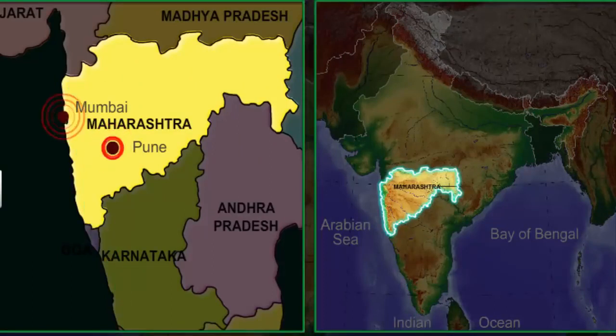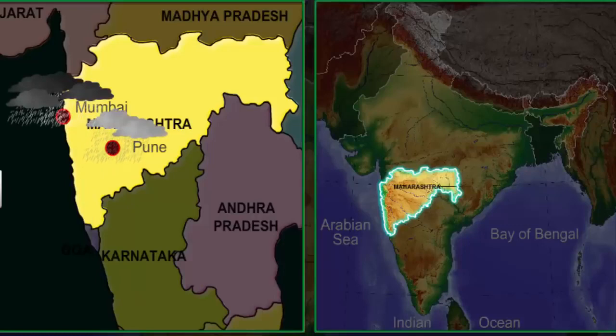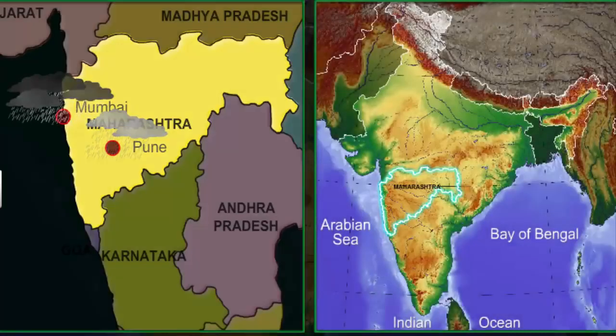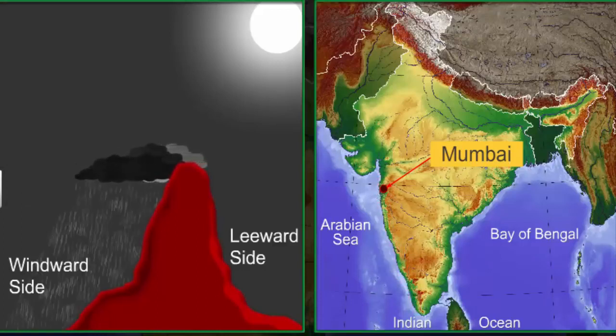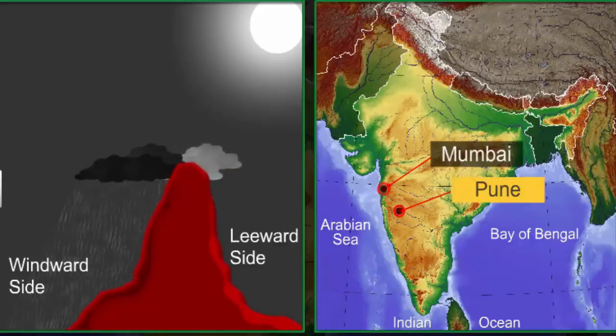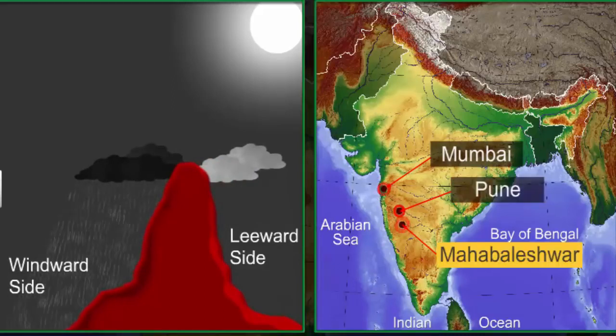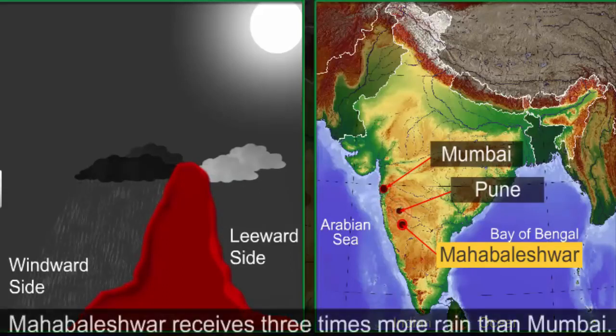These affect the precipitation of both these cities. Mumbai lies on the windward side of the Western Ghats and hence gets much higher rainfall as compared to Pune, which lies on the leeward side. Mahabaleshwar, which lies at the peak of the Ghats, receives almost 3 times the rain that Mumbai receives.